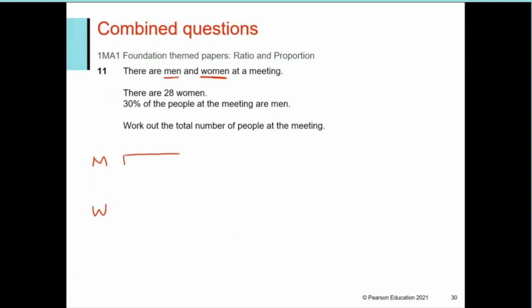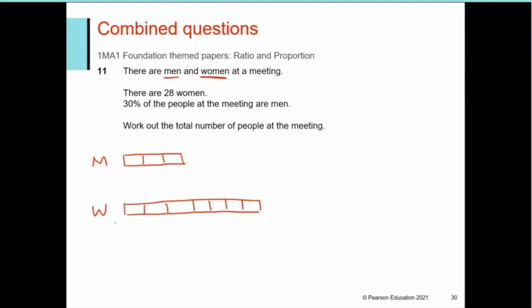So I'm going to draw 3 boxes. Each one of those boxes is going to represent 30%. So I know I'd have 7 boxes. Now, some people might do this as just one big long bar, as 10 boxes. That's fine. I have always got into the habit of stacking. I don't know why. I just prefer to stack.